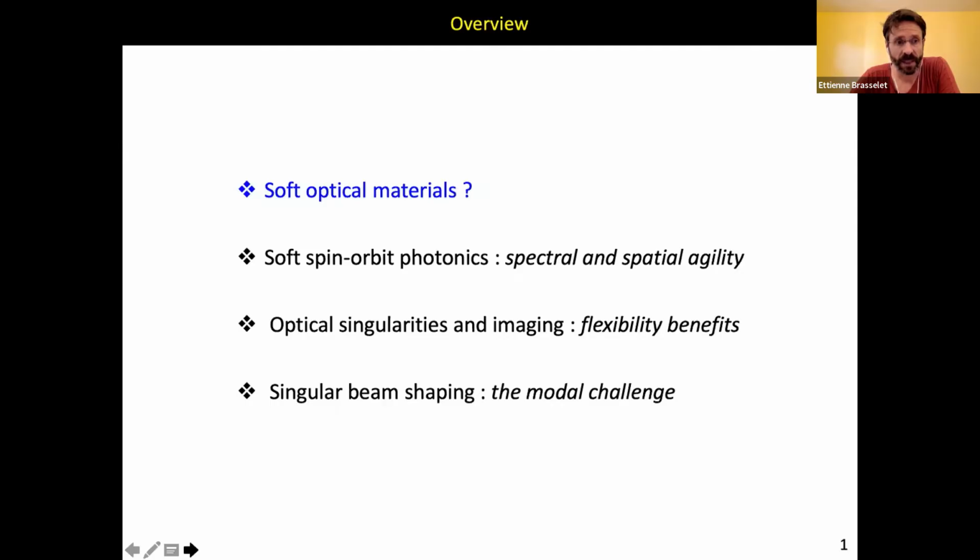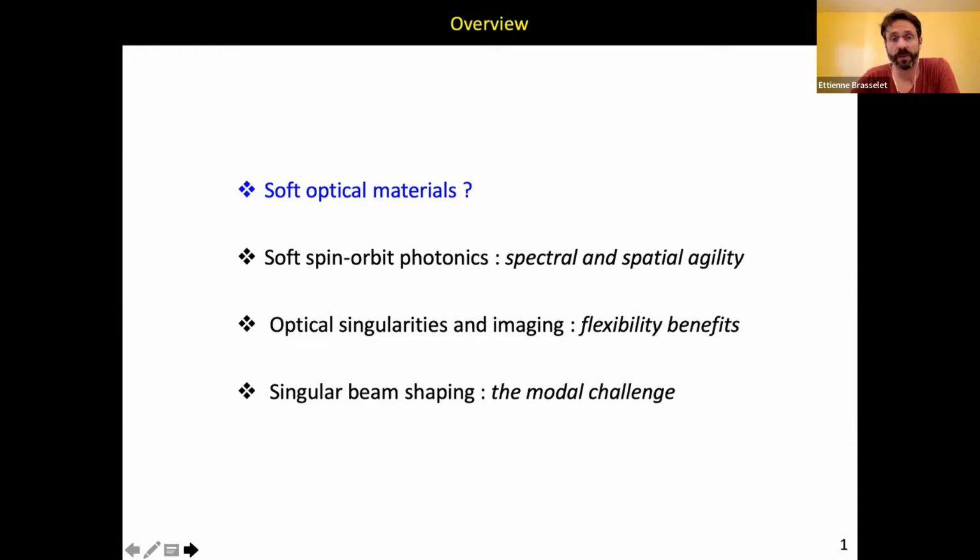And instead of making a review, I simply chose a couple of illustrative examples through which I hope to convince you why this can be useful and what the key ingredients are from a physical point of view. So let's start with what I call soft optical materials.